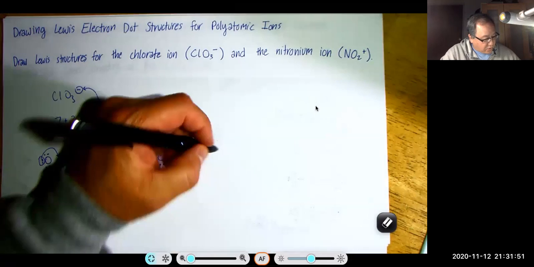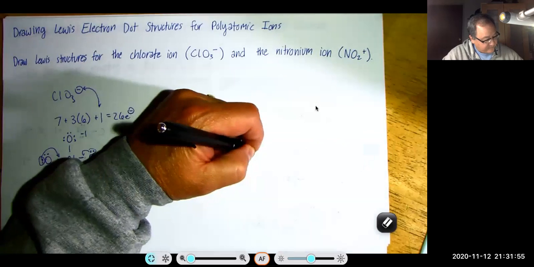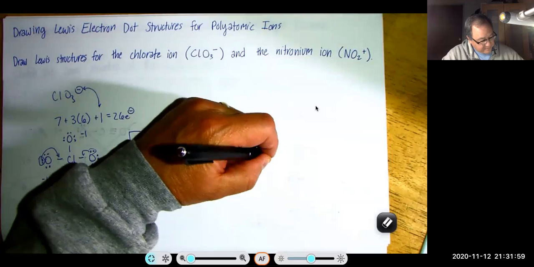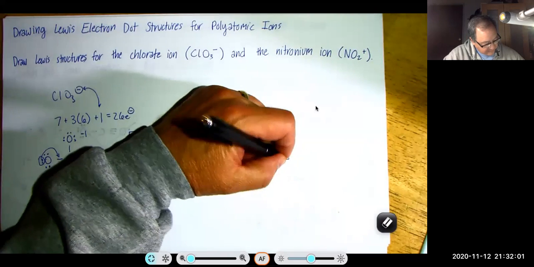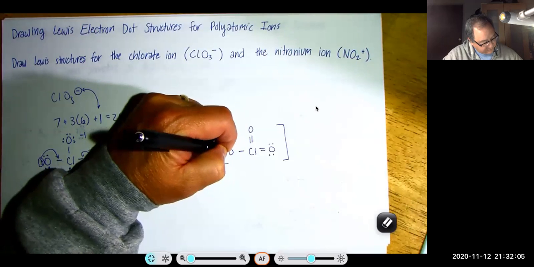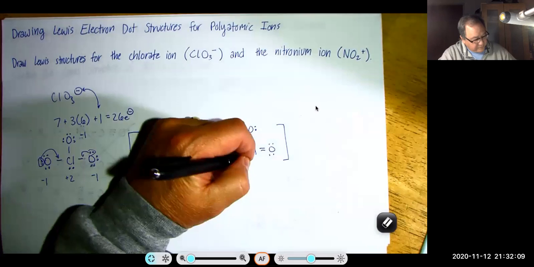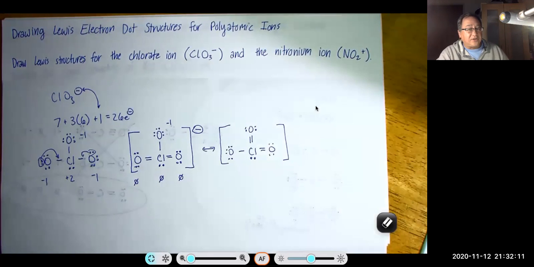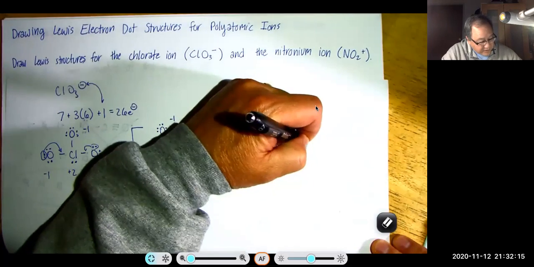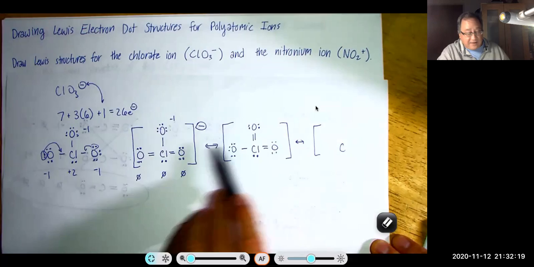There are 2 more. Another one looks like this. And what does the third one look like? Well, it looks the same, only the double bonds are between the top and the left.